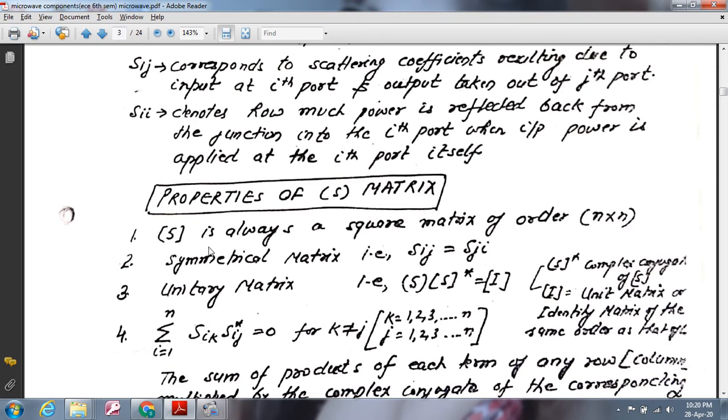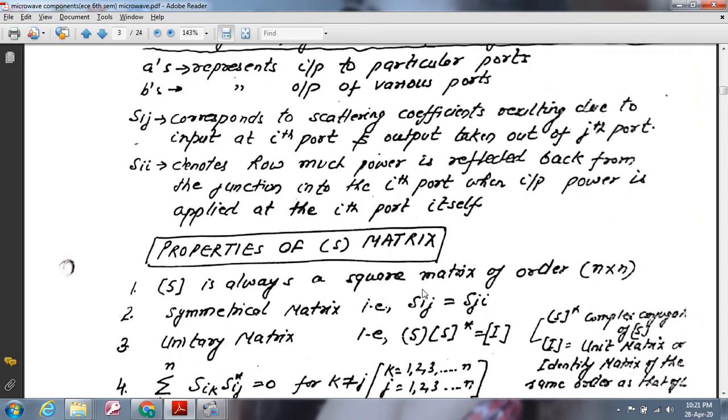Second property is the symmetrical matrix, that is Sij equals Sji, meaning if we have connected input at port number i and we want to know the output at port number j, this will be equal to the S parameter when we have connected the source at the jth port and are seeing the output corresponding to port number i.